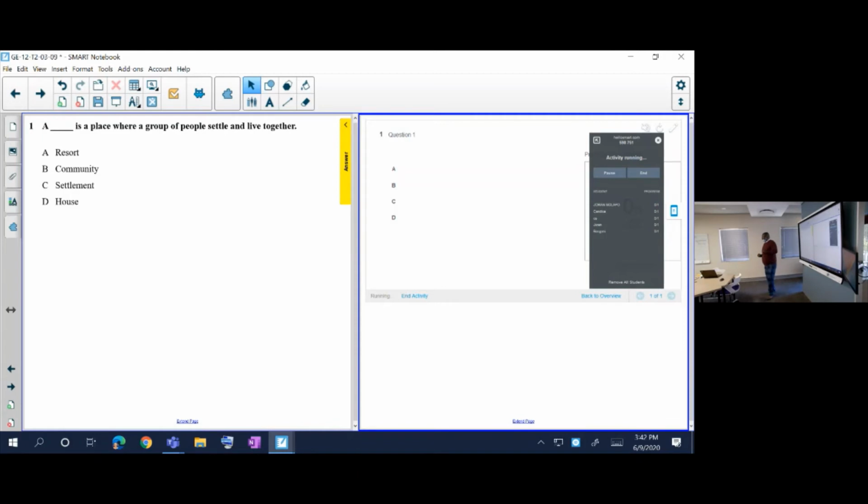If you don't have a device, just write down the answer. If you have a device, you can answer on your device, whether the answer is A, B, C, or D, and then you just post it. I'll be able to view it. So I am giving you 5 minutes to do this question, and then we can move to the next question.